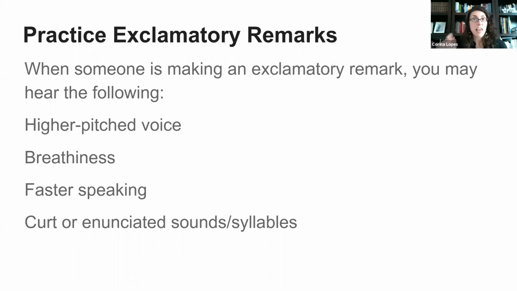If you touch that one more time, my consonants were very sharp, very clear. I was enunciating them. I was enunciating my words because I wanted the message to be very clear to my child that they could not touch that again or they would lose all their toys.